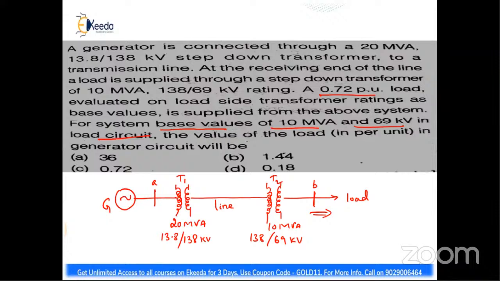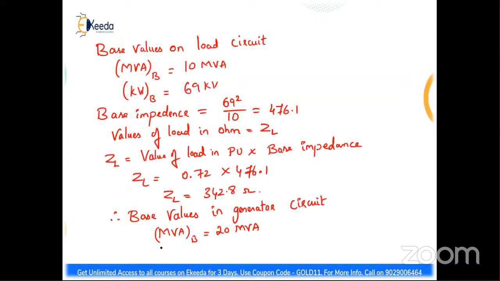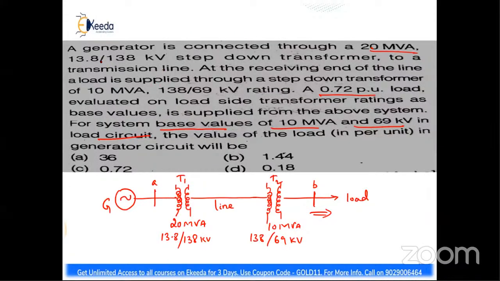A generator is connected through a 20 MVA, and kV of base is equal to 13.8 kV.